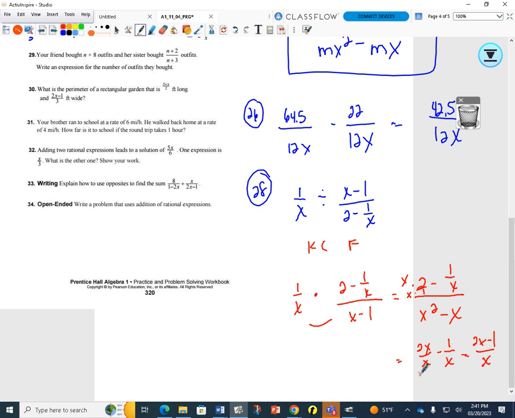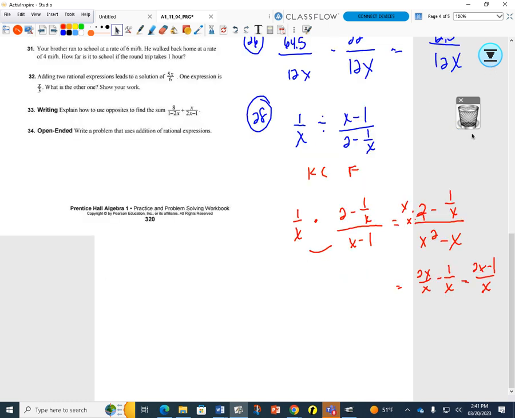Alright, so I'm going to replace, it's getting a little bit funky here. So this numerator here, I just rewrote here. So now it's 2x minus 1 all over x squared minus x.